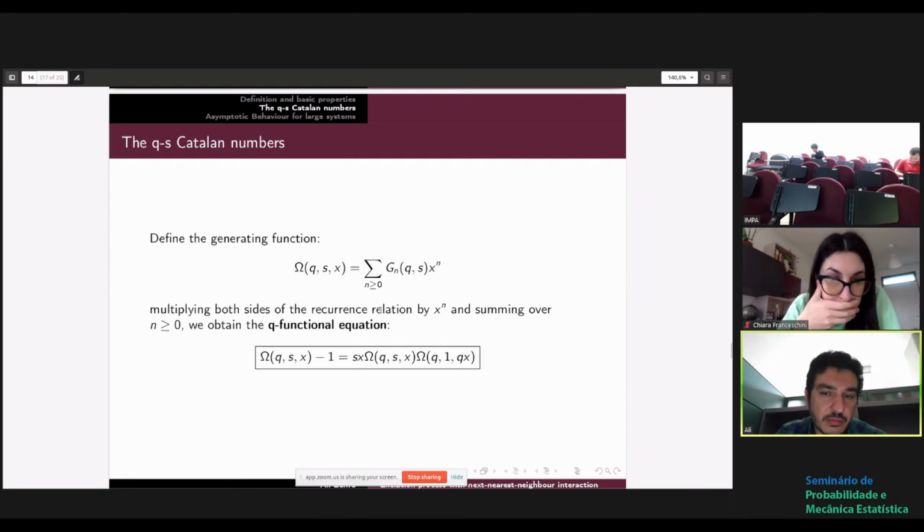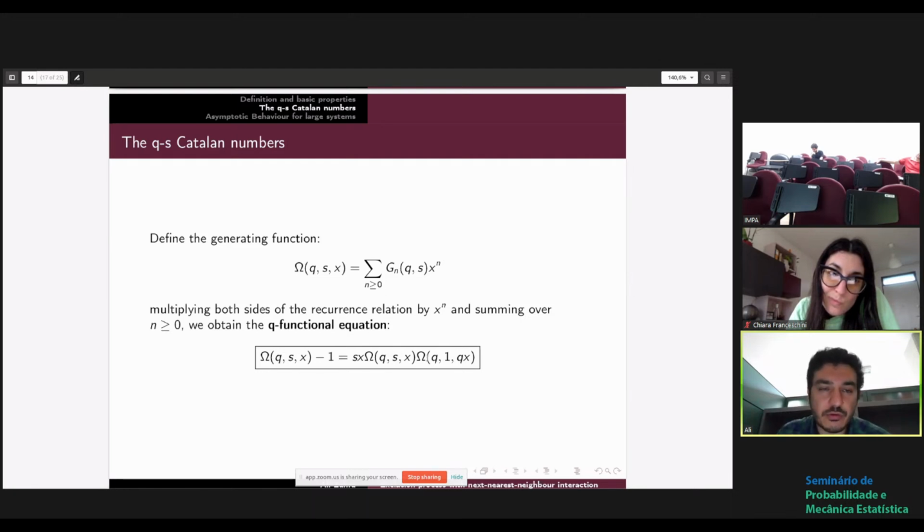You simply multiply both sides by x to the power of n and sum over n, and you find that this generating function now verifies this equation. Usually this is useful to extract asymptotic behaviors and many other properties.